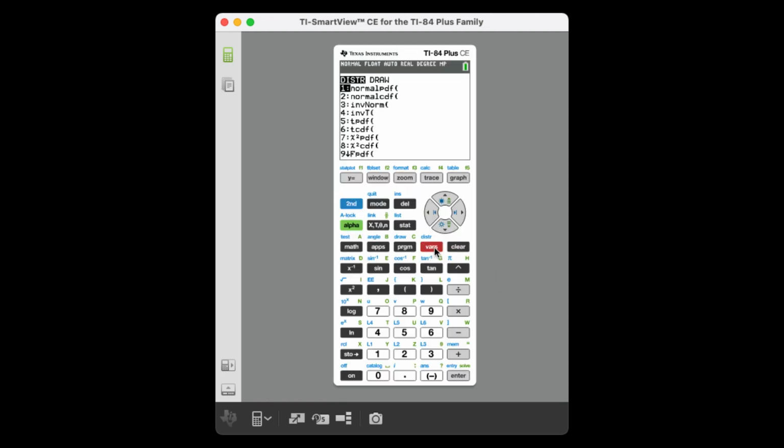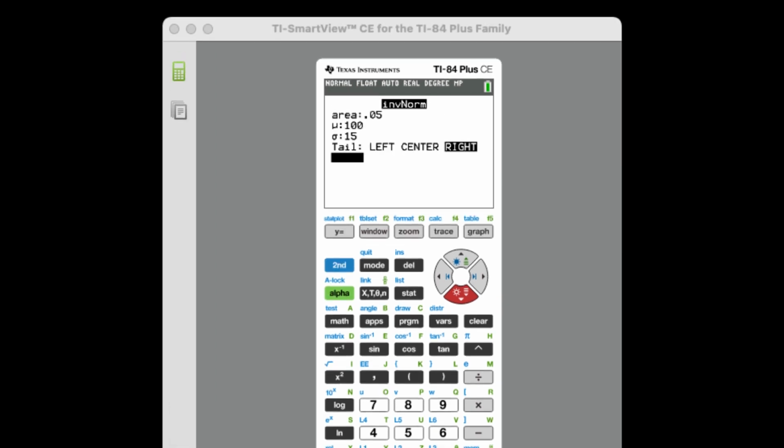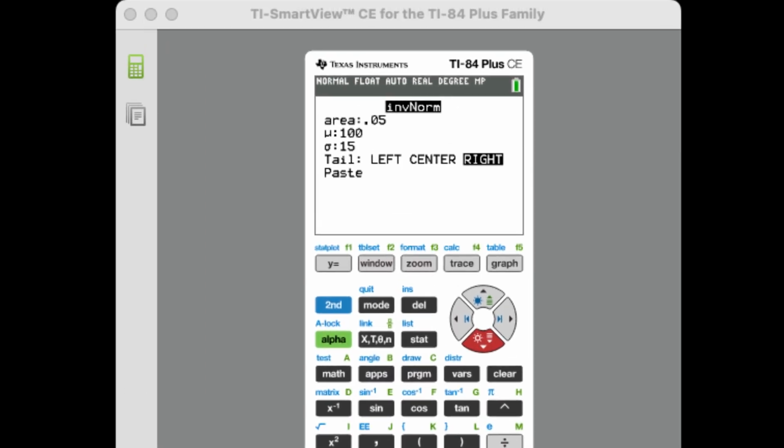So, second distribution, inverse norm. 5% is to the right. Isn't that a right tail? And it's already set to the right, so I'm happy about that. Maybe you guys want to scroll in so people get a good view. Okay, it's a right tail.